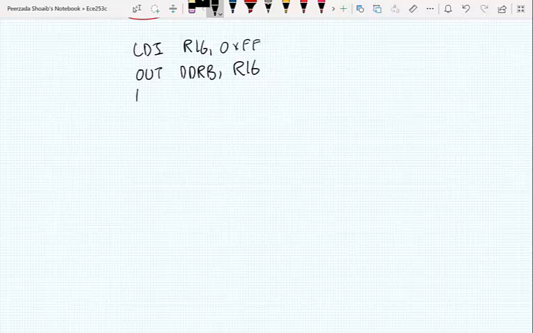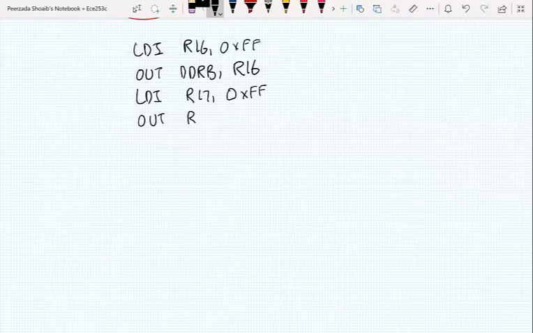Then turning the LED on: LDI R17, 0xFF, and then out PORTB, R17. Then I have to call the delay subroutine, which I will write somewhere else.